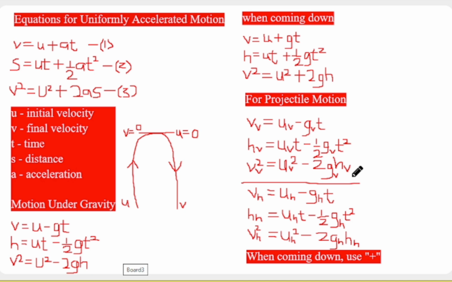There are also two types of path that could be covered by an object performing projectile motion. Don't forget it's moving upward and at the same time moving forward.